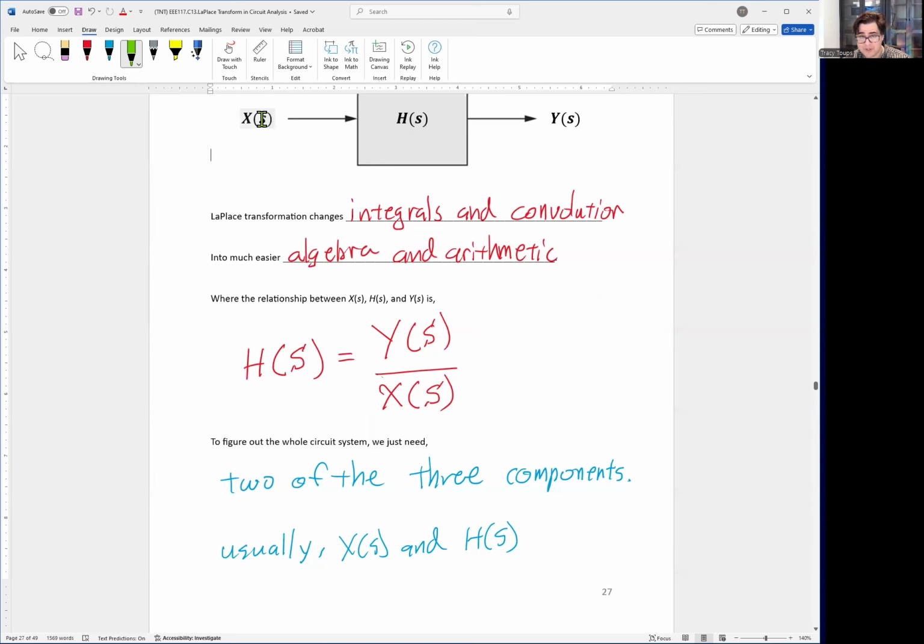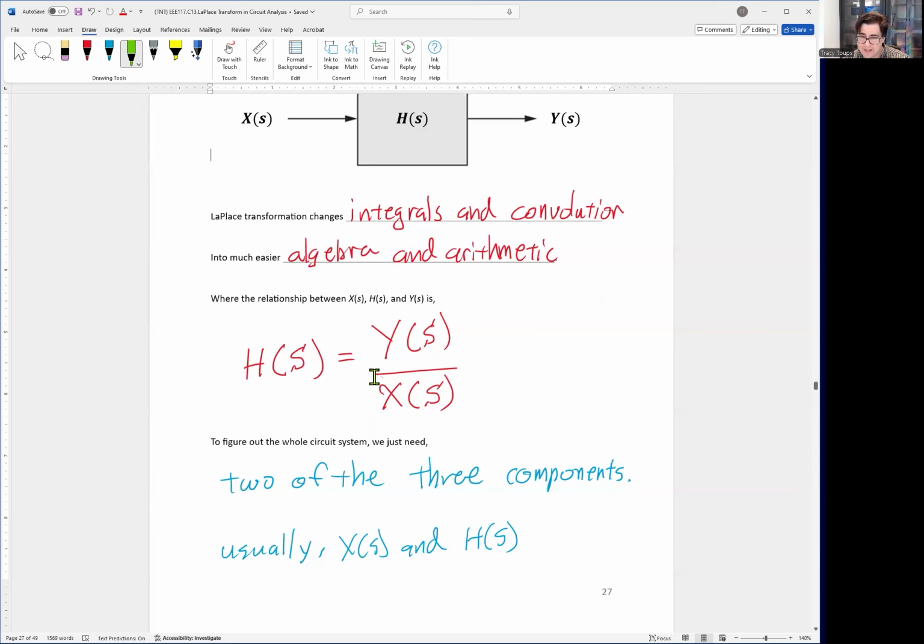If I know my input and I know my output, I can use something called circuit synthesis and then figure out a circuit that will do exactly what the gain of y of s over x of s is.